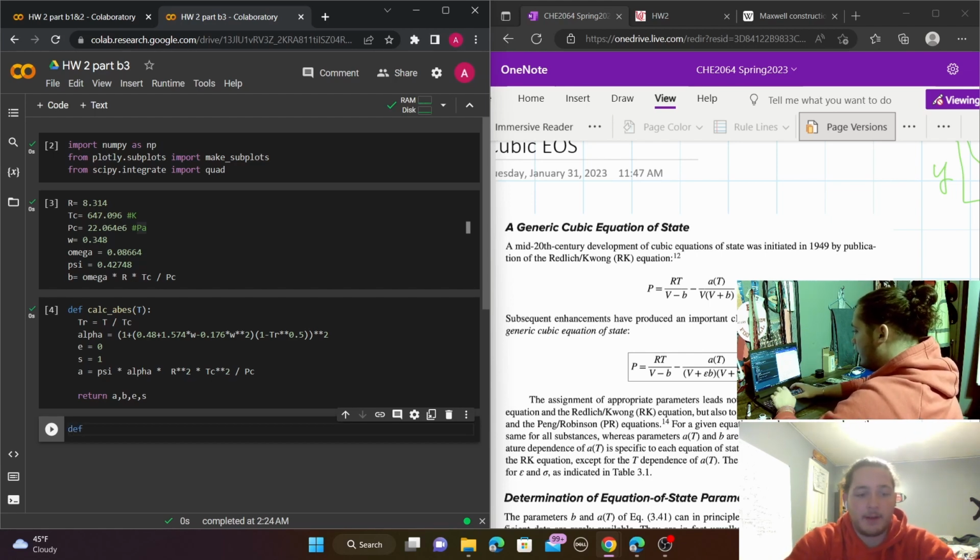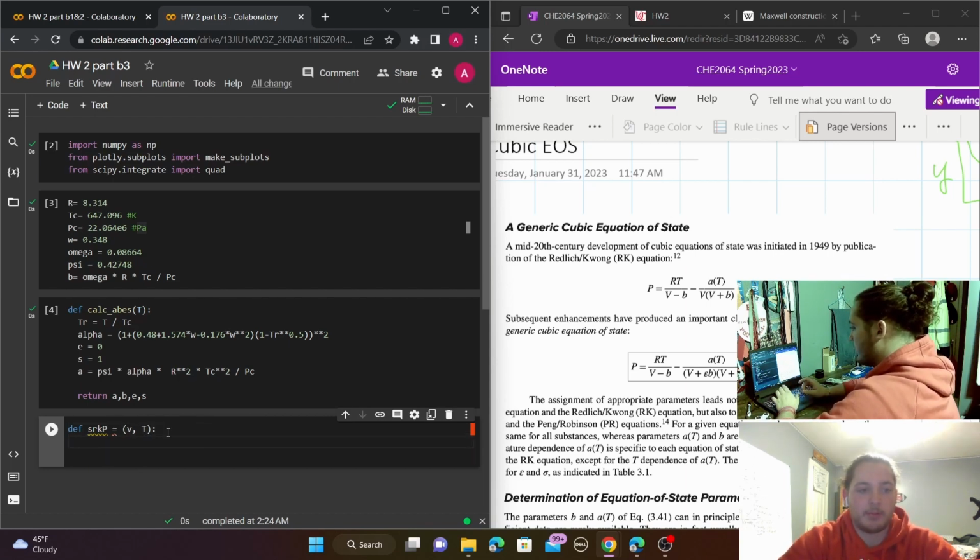So we can define SRK P is equal to V comma T. And to be able to do this, we are going to need to pull our A, B, E, and S values from the above into this line of code.